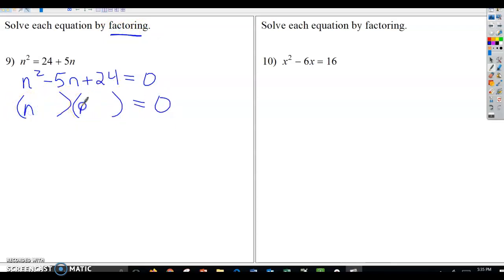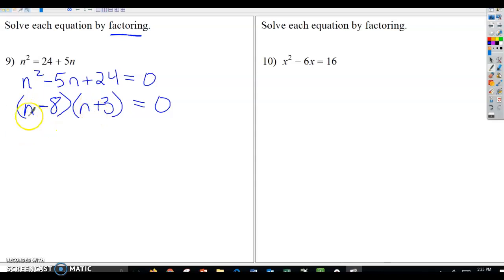We've practiced factoring. So I need two numbers that multiply to give me 24, that add up to give me negative 5. So I know that 1 and 24, 2 and 12, 8 and 3, 4 and 6, but 8 and 3 are 5 apart. So I'm going to use 8 and 3. And since my middle term is negative, my bigger number has to be negative.